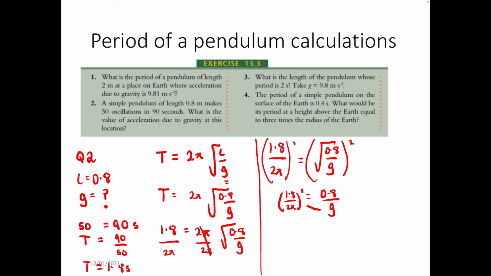I now need to find g on my own, so I'm going to cross multiply. This gives us g times 1.8 over 2 pi squared equals 0.8. To solve for g on its own, we divide out the values that are attached. So we divide both sides by 1.8 over 2 pi squared.